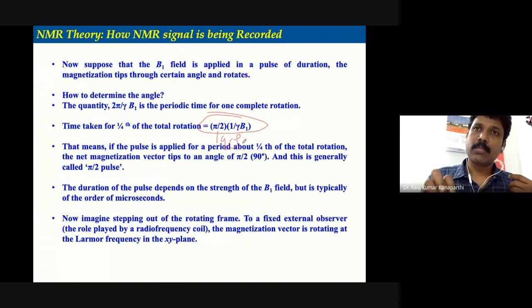The moment you stop applying the radio frequency pulse, the magnetization vector is still precessing, but it will try to go back to its original position. Why? Because that is the actual thermal equilibrium.